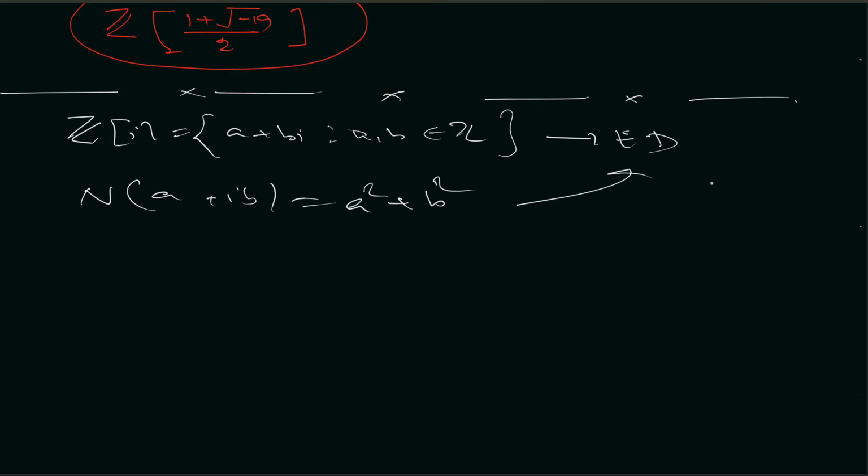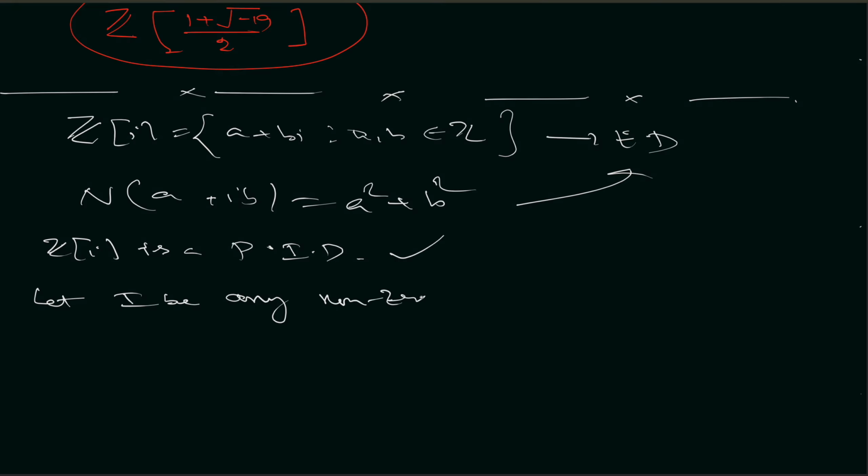So now I will show something. Suppose you have this Z[i] is an ED. This means that Z[i] is a PID because Z[i] is an ED, right? Now let I be any non-zero ideal of Z[i]. That will definitely be a principal ideal because you are in a PID.